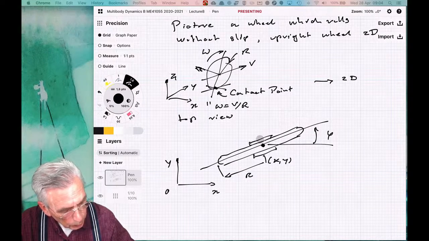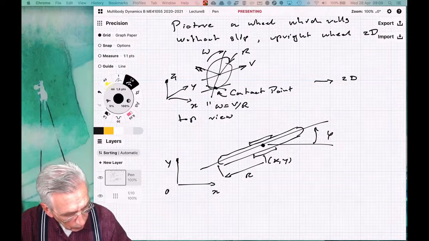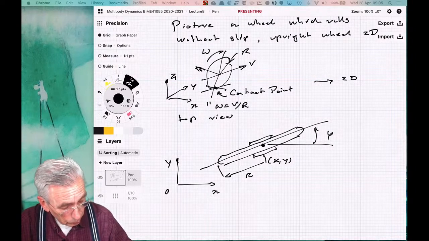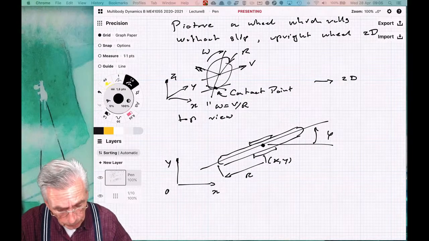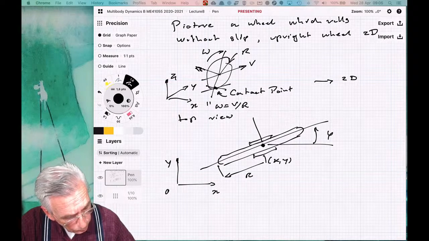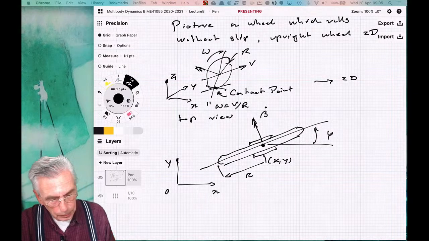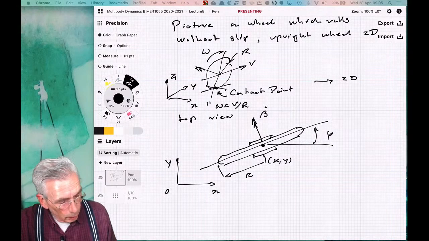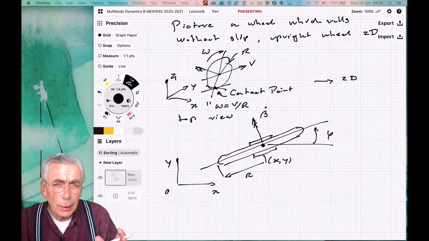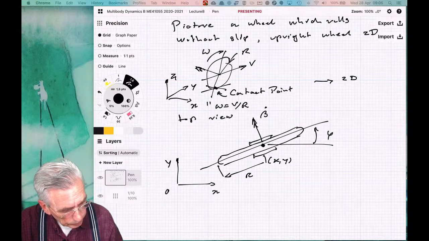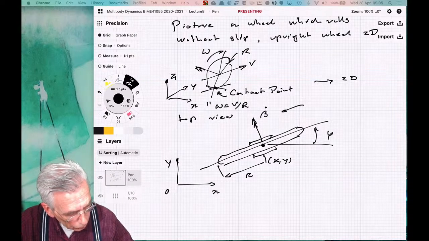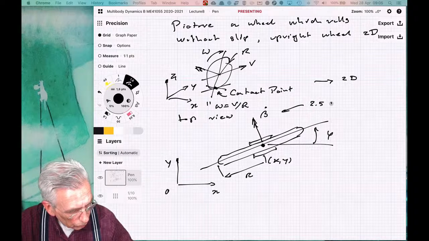It shouldn't slip sideways, but it also shouldn't slip in the rolling direction. So not only do we have coordinates for the position and the angle, but we also need a coordinate to denote the rotation about the axle. That's beta, and its rate is beta dot. Note that suddenly we have a mixture. It's a sort of 2.5D we're now creating.